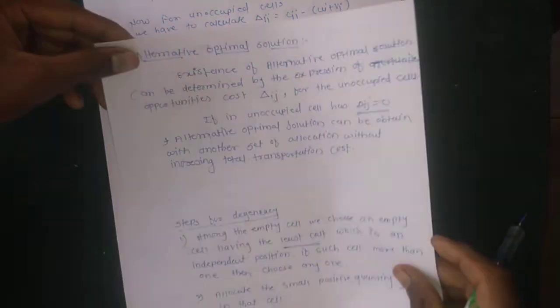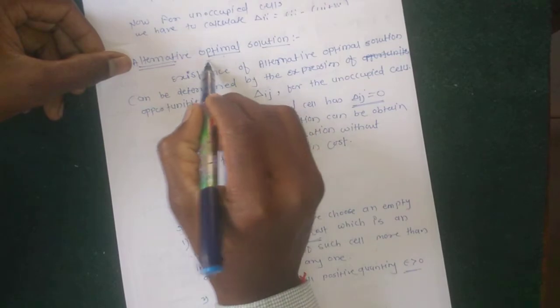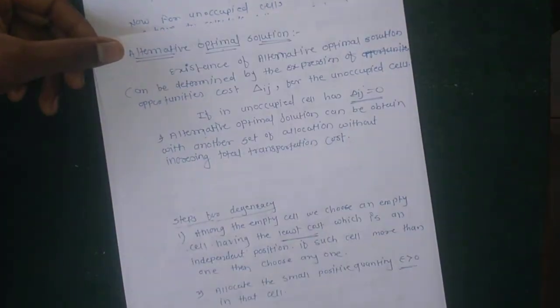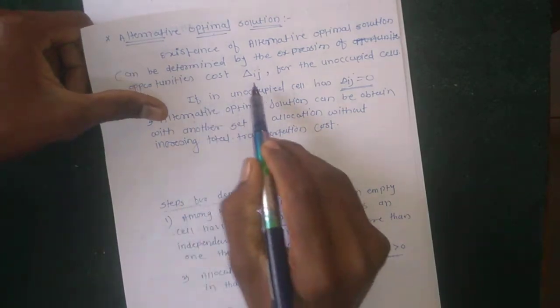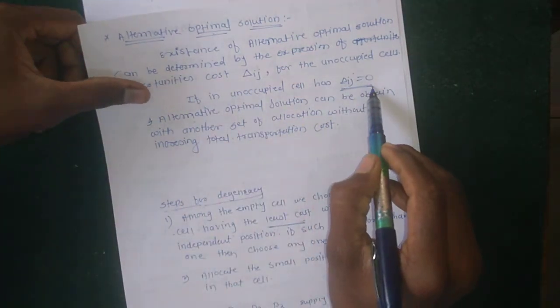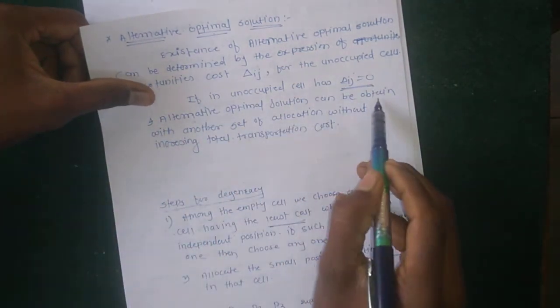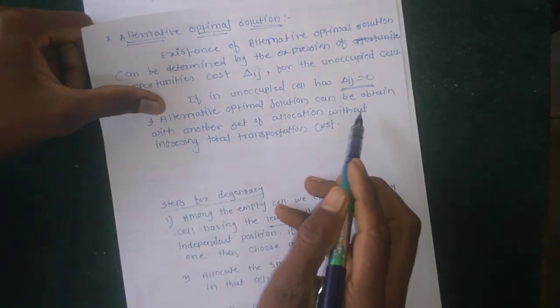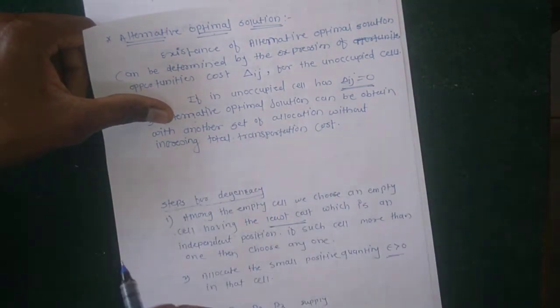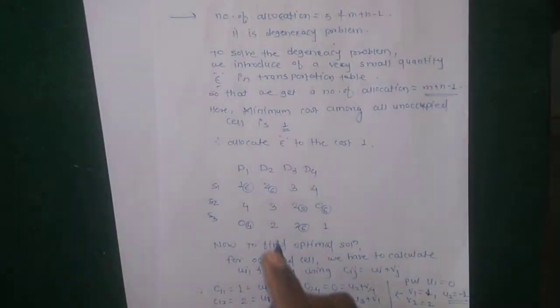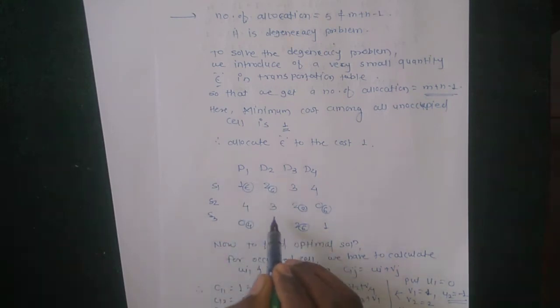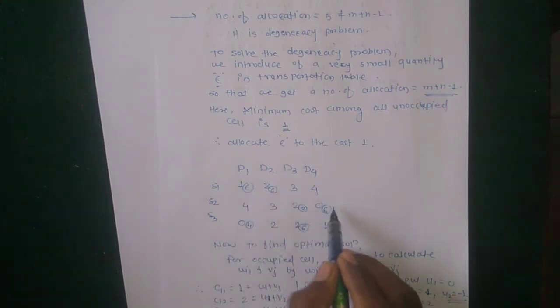Here another condition is the alternative optimal solution. Alternative optimal solution means if one of the delta ij is equal to 0, an alternative optimal solution can be obtained with another set of allocation without increasing the total transportation cost. Here the allocation set is this: 1 2 3 1 2 2 0.